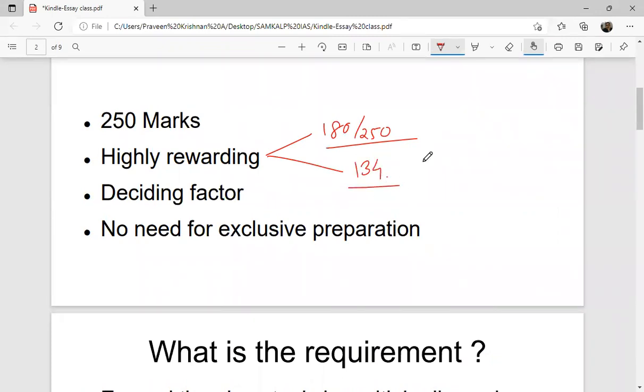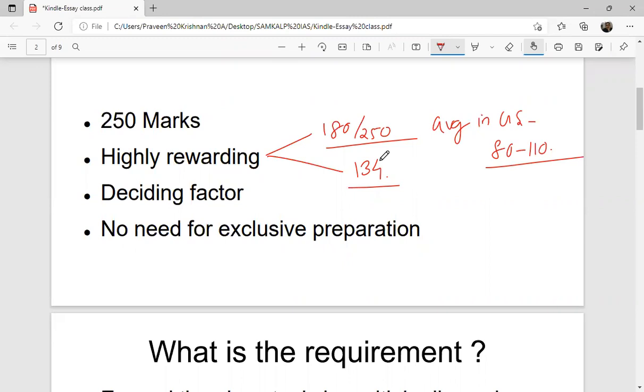The average marks in the GS examination go anywhere between 80 to 110. So if you compare the average marks in the GS 1, 2, 3, and 4 papers with that of the essay paper, definitely you'll understand the importance of an essay.